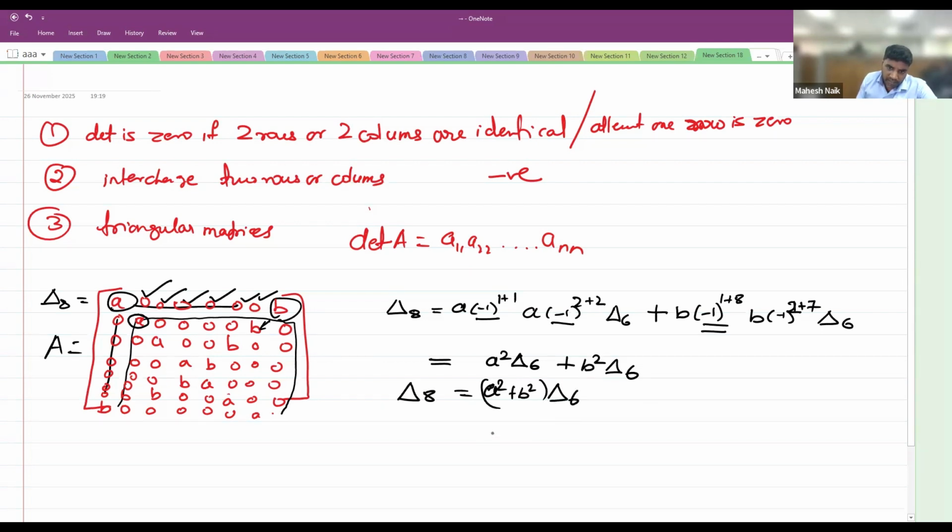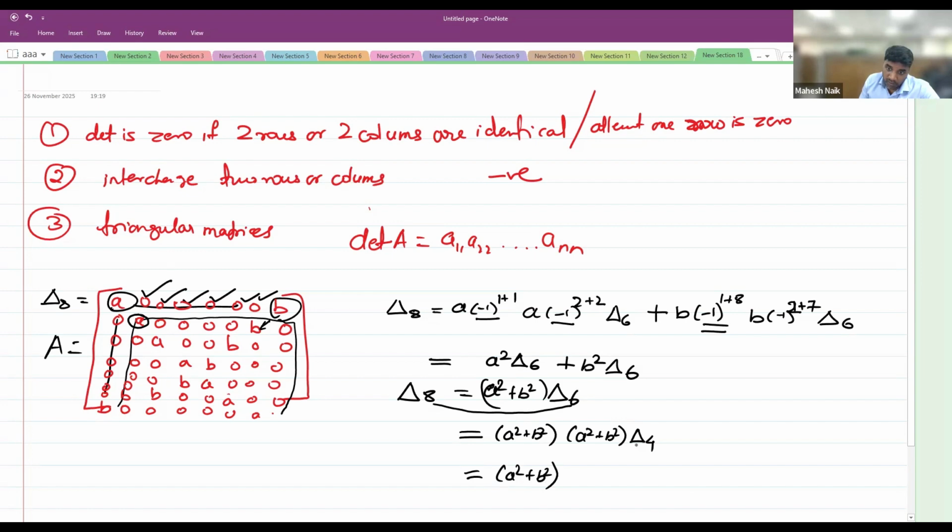So that's delta 8. We can see the link here, and we can recursively use this property to get a square plus b square. Since the structure is the same, we can rewrite this as a square plus b square into delta 4, and proceed till the last one, which is delta 2, which will give us a square plus b square.